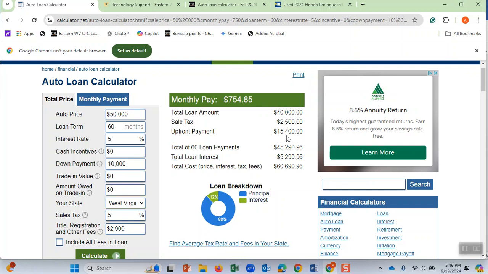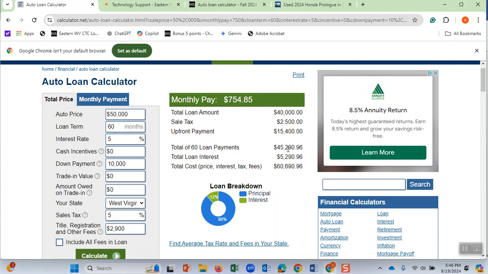This comes from this $10,000 that I need. I have to pay for this fee, and I have to pay sales taxes. When I pay that, that will come to a total of $15,400 cash I have to have in order to get $40,000 of financing to buy this car for $50,000.